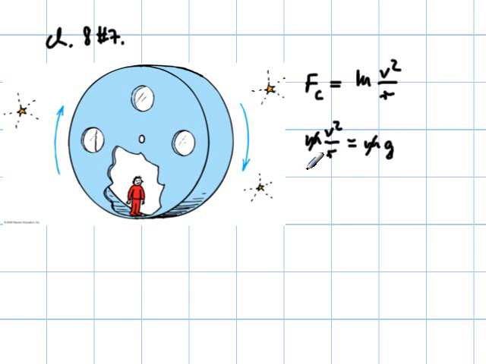Okay, now it says at r equals 4 meters, this is the case. But what happens at r equals 2 meters? So half the original radius.